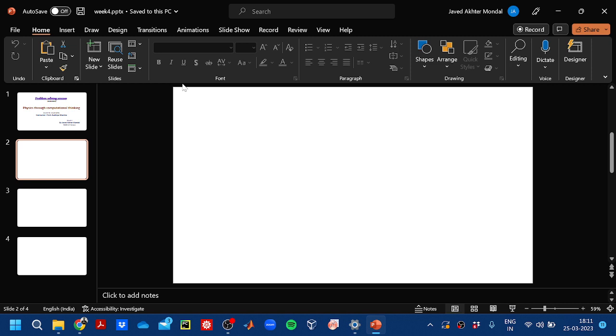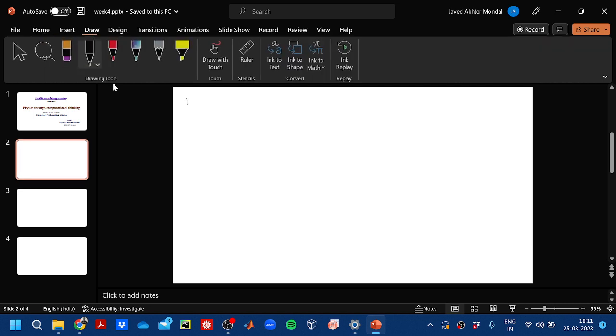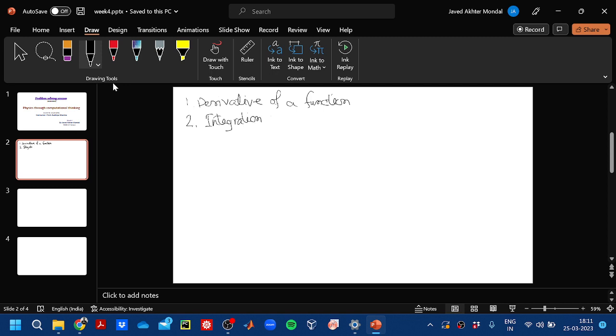First, the derivative of a function. Then we will learn how to integrate a function in Mathematica. Then we will learn how to solve a differential equation.